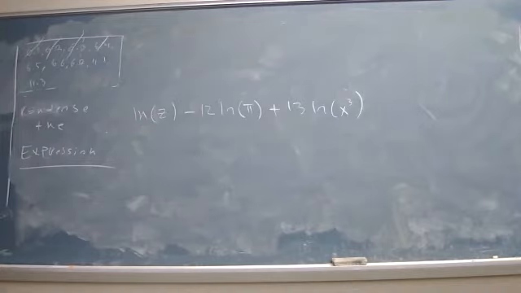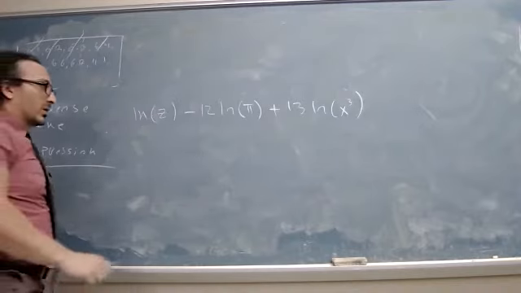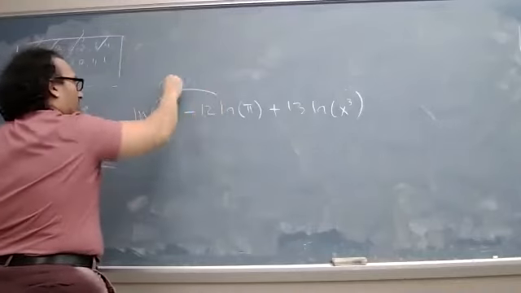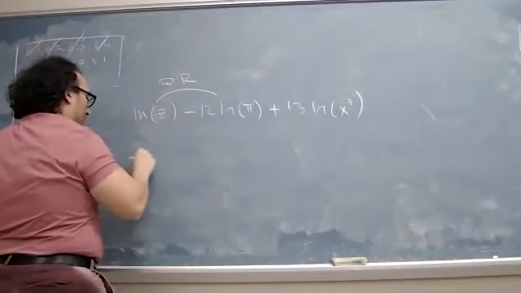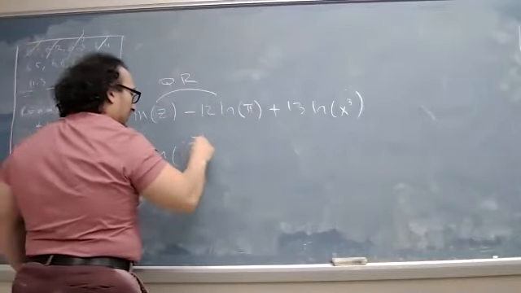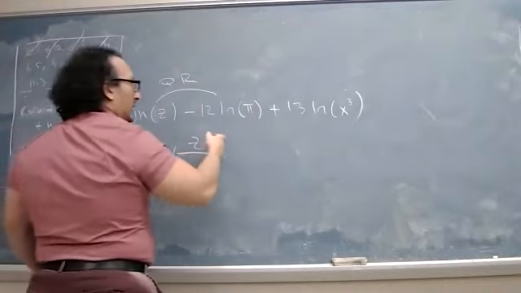Condense this expression. We can use the quotient rule here to rewrite this as ln of z, which goes into the numerator.